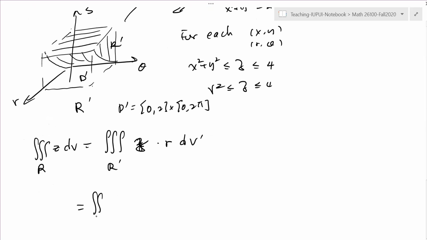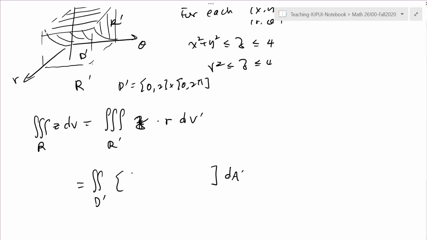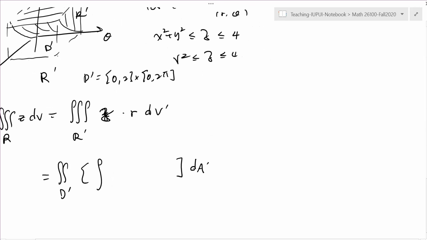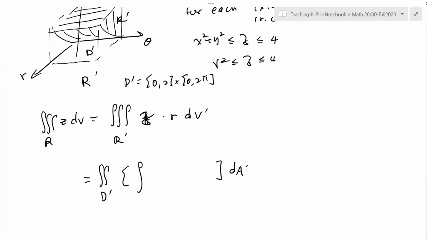We use a double integral over D prime, with dA. And for each point in this disk, the z variable changes from r squared to 4, so that is the integral of z times r dz. We already mentioned that at the top.